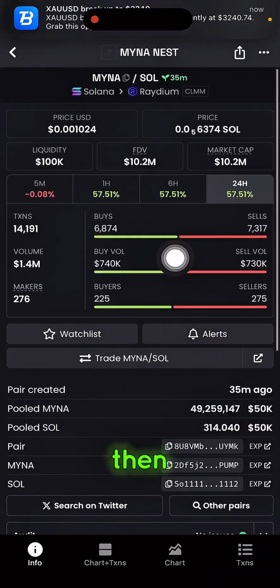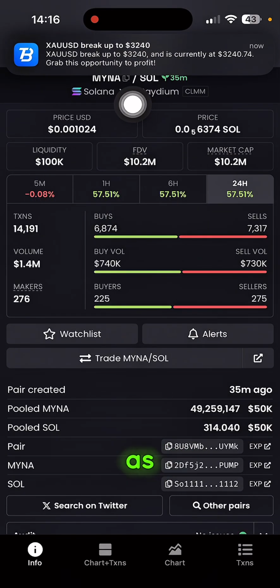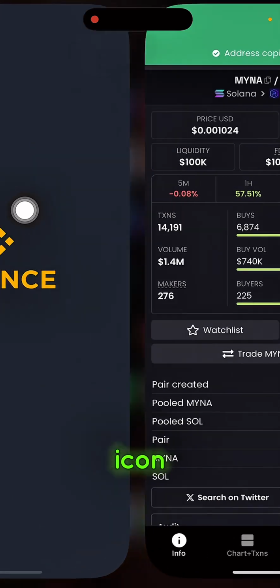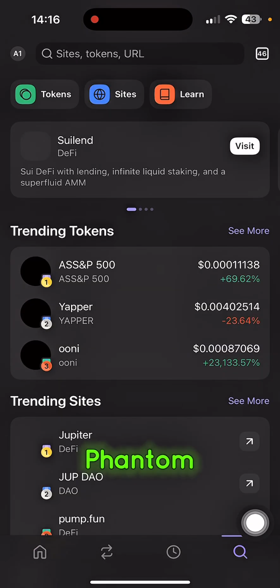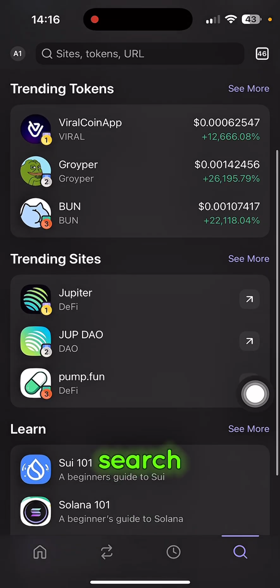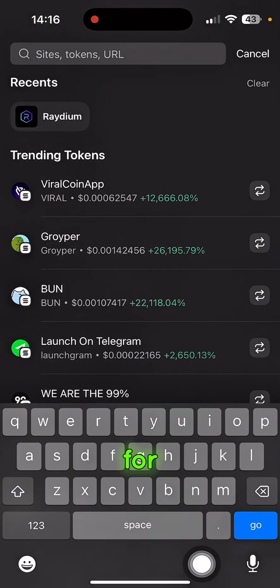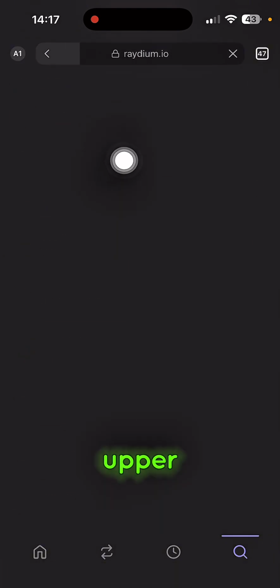So after then, I will need to now copy the contract of the coin as fast as possible, simply by clicking on that little copy icon at the top there. I'll copy it right there and I will open up my Phantom. Okay, once I have opened up Phantom, I will click on that search button and I will be searching for Raydium on the search bar at the top there.